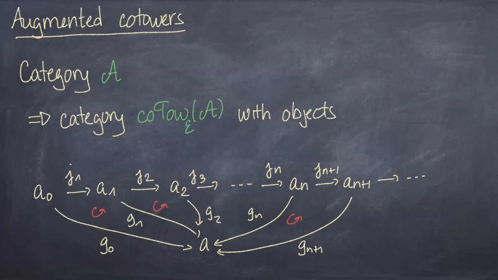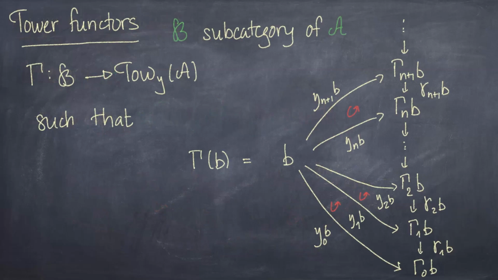So now if we think about how we can actually formulate what a calculus or co-calculus should be, then what we're thinking about are certain kinds of functors. Now we have a B, which is going to be a subcategory of our category A. And we're going to look at a functor gamma from the category B to the category of these co-augmented towers in A, so that it's going to send an object little b to one of these co-augmented towers, where you're co-augmenting from the object little b to some sort of tower.